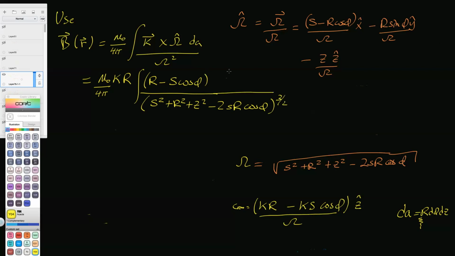Okay, and this is over d phi dz. So the limits of the integral for phi are 0 to 2 pi. For z, it's negative infinity to infinity.